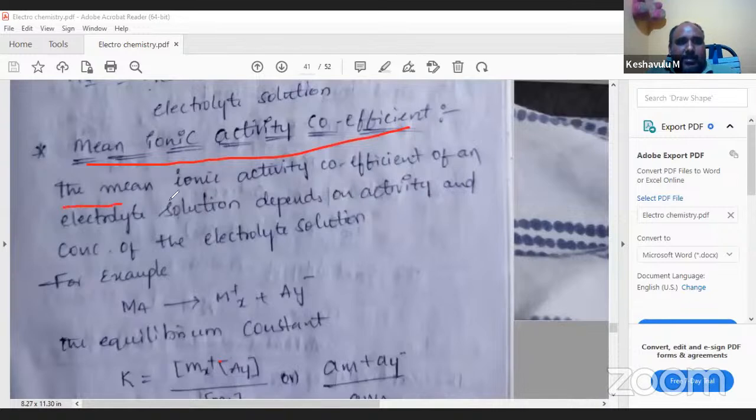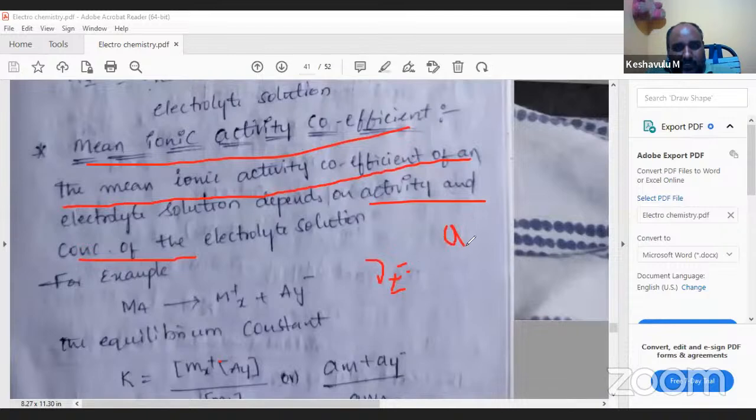The mean ionic activity coefficient of an electrolyte solution depends on activity and concentration, because previously we wrote that gamma plus or minus is equal to A plus or minus divided by M plus or minus.